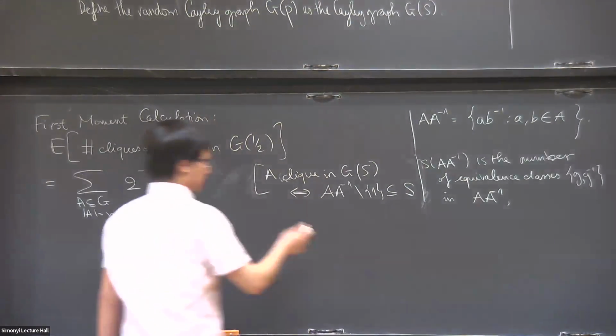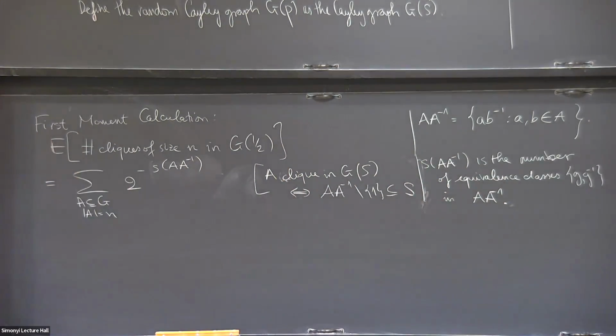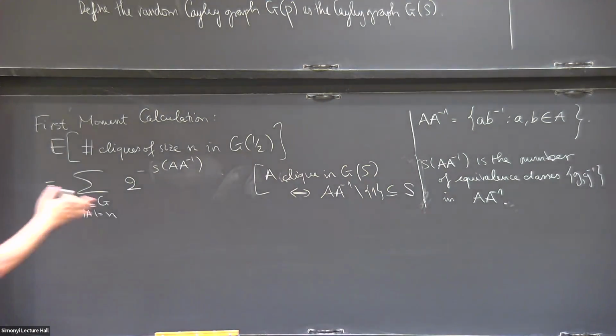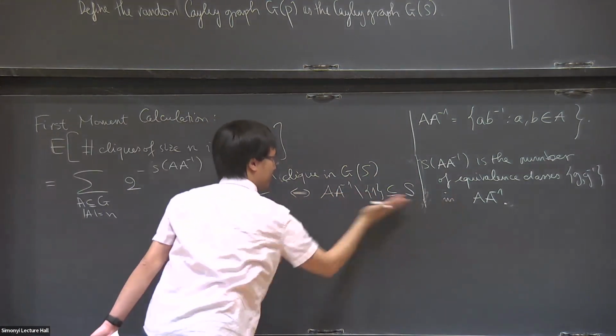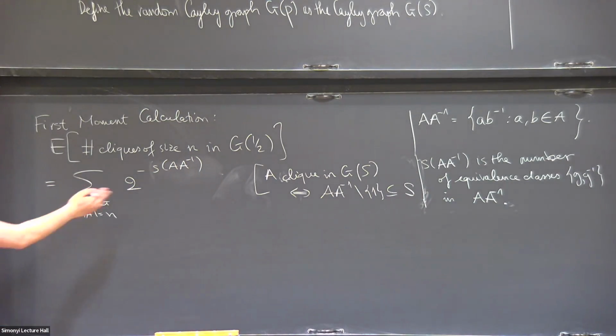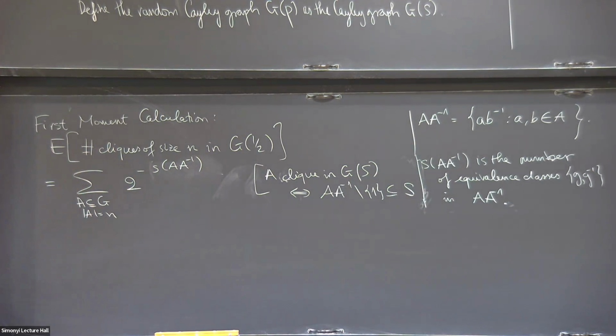We need to be a bit careful with how we compute this probability. From this, and from our distribution of the random set S, we get this exact formula out of the expectation calculation.